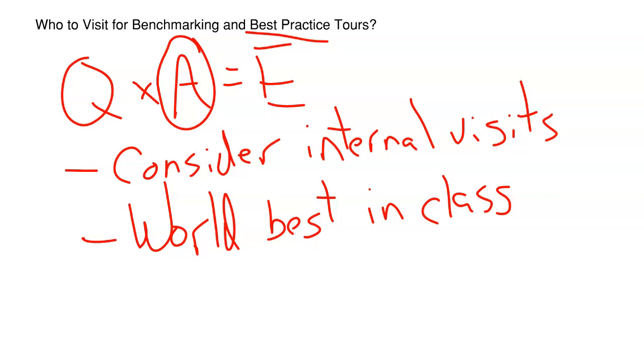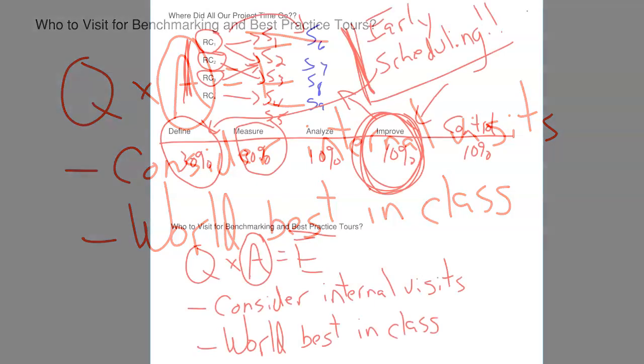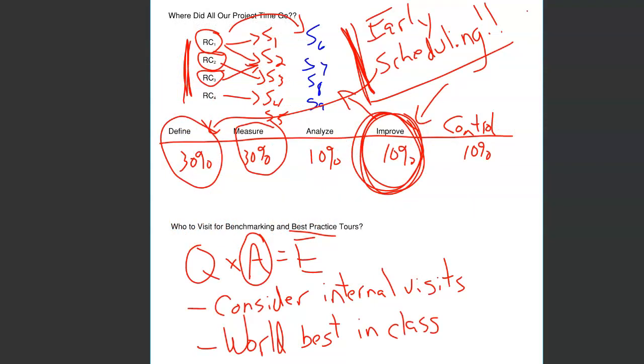Be careful in benchmarking just against your peers or touring just peers. You may not get the insights that you're really looking for. I find that by taking a look at the early scheduling, the internal visits to help increase user acceptance and buy-in, and considering world best in class providers, we end up making this particular tool, benchmarking and best practice tours, a much more effective technique at getting those additional solutions that really address root causes.